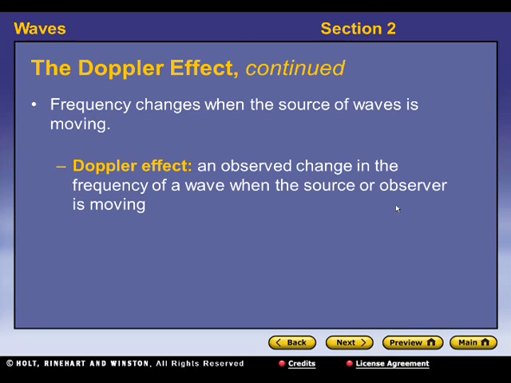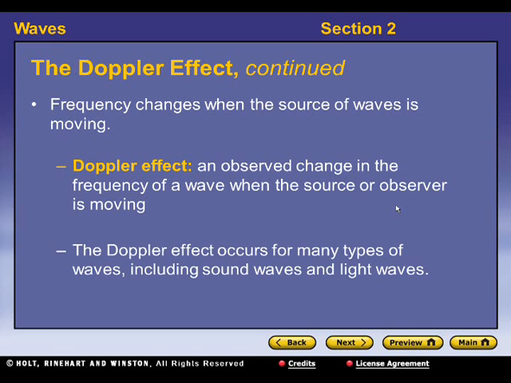If it's moving towards you, it's adding speed as it moves towards you, so it will increase the frequency and sound like a higher pitch. As the object moves away from you, it's taking away speed from that sound, so it lowers the frequency and the pitch, so it sounds lower as it goes away from you.